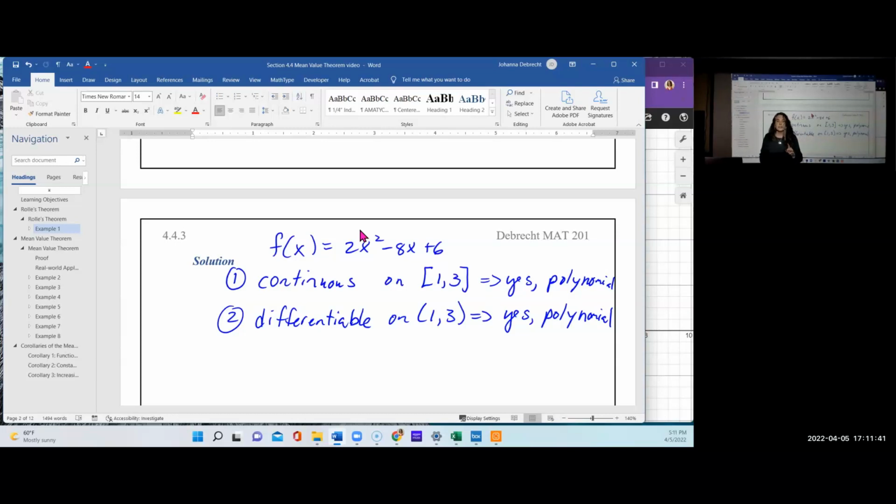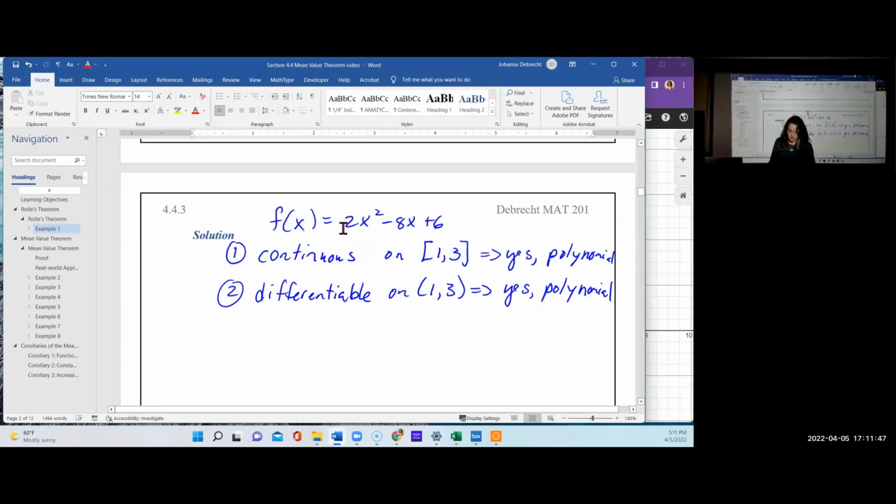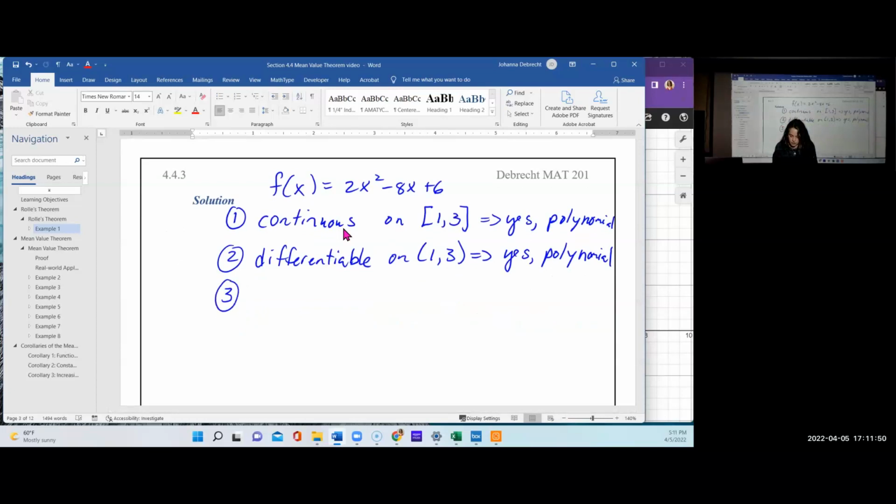The last condition is that the function values at the endpoints are equal to each other. So for condition 3, we need to find what f of 1 is, and then what f of 3 is, and establish that they're equal. f of 1 would be 2 times 1 squared minus 8 times 1 plus 6. That's 2 minus 8 plus 6, which gives us 0.